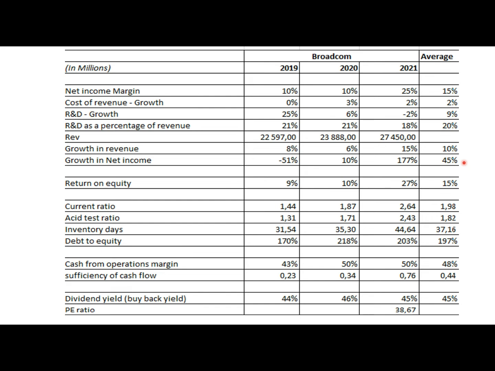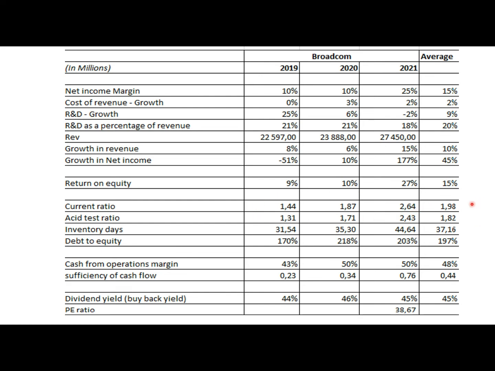The financial position, current ratio below industry average. The industry average is 2.37, but the ratio has improved significantly over the 3-year period. Looking at what it was in 2019, 2020, and 2021, there's been a significant improvement. That is healthy.